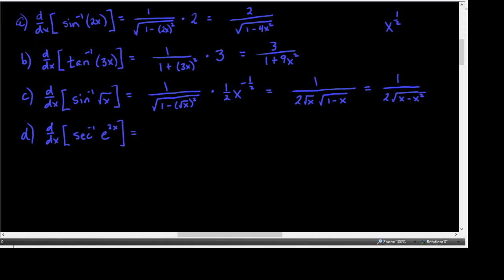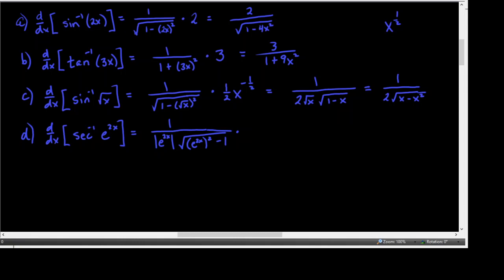Okay, so if you look at that one, that's 1 over the absolute value of the input, absolute value of e to the 2x, times the square root of the input, e to the 2x, squared, minus 1, and then because of the chain rule, we have to multiply by the derivative of the inside function.